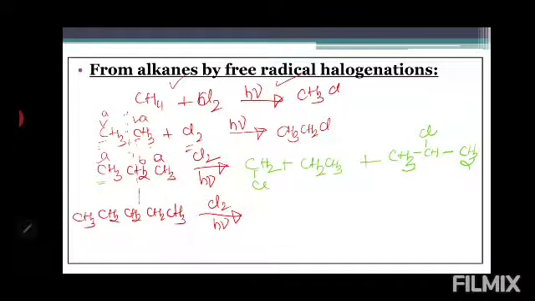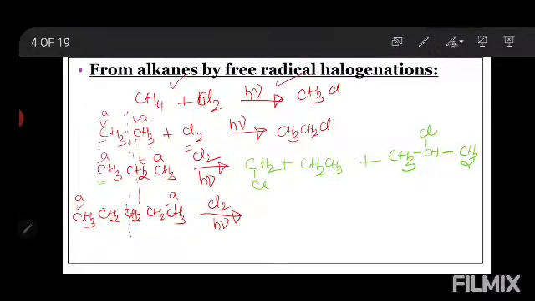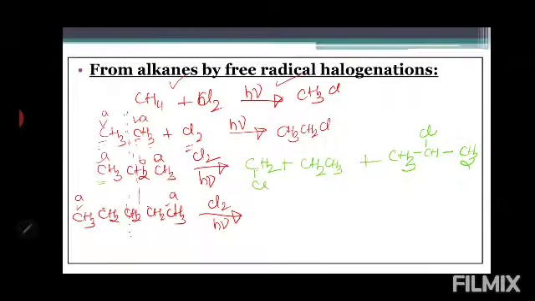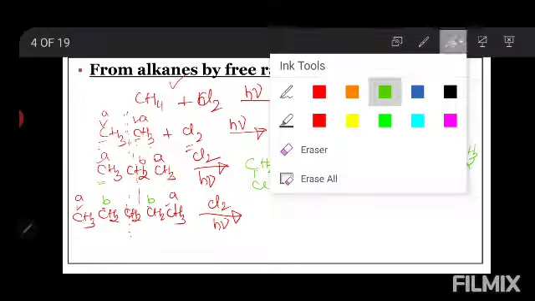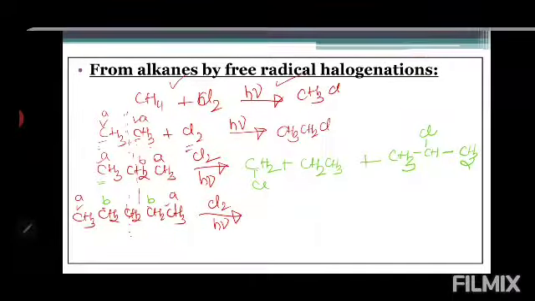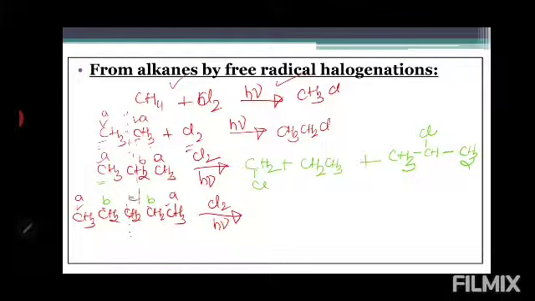If you divide it into half, the CH3 and CH3 are equivalent, so let this be denoted by A. Next, the CH2 and CH2 are denoted by B. And the third one in the middle is a different CH2, denoted by C. So there are three different types of carbon, A, B and C.